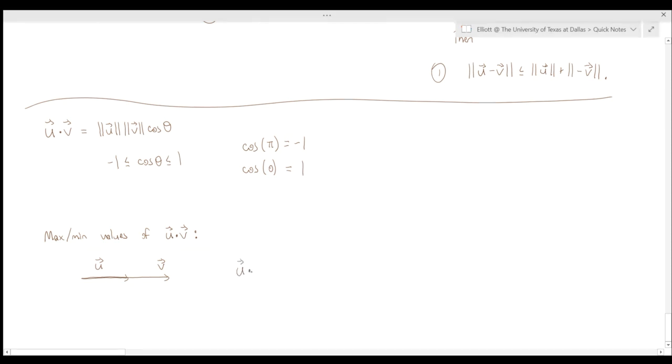Then you would get that u dot v is equal to the length of u times the length of v. And so this happens when the angle between u and v is equal to 0, meaning, as in my picture here, that they would point in the same direction.